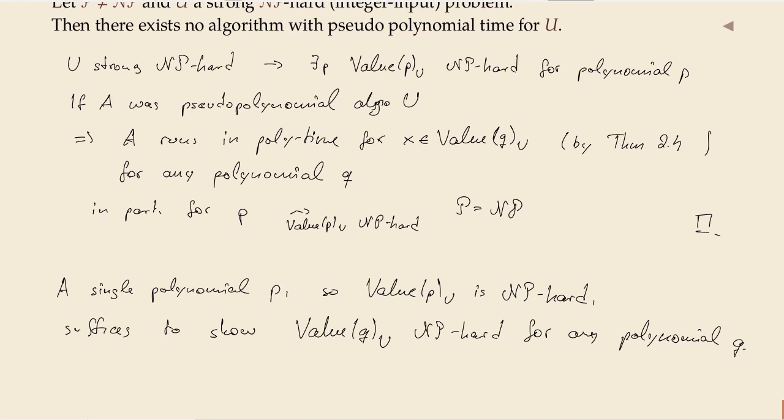And there's a simple example where this polynomial is extremely small: strongly NP-hard.